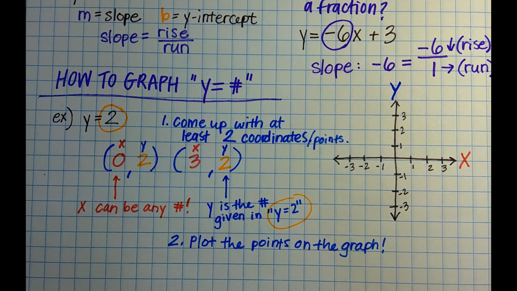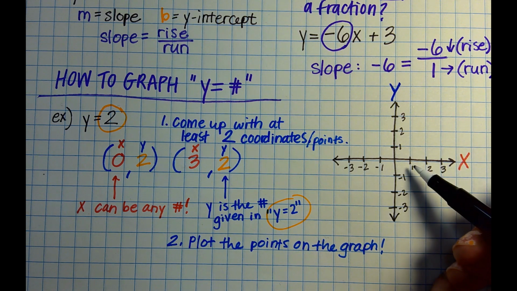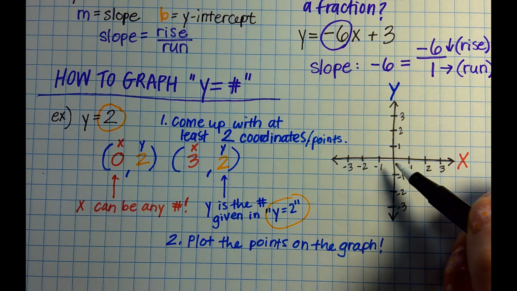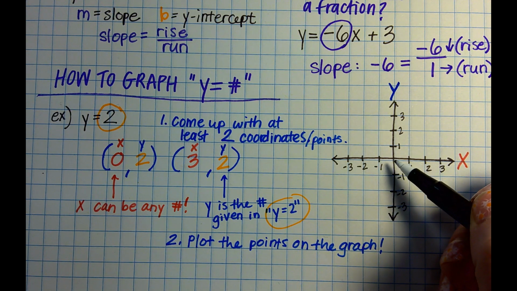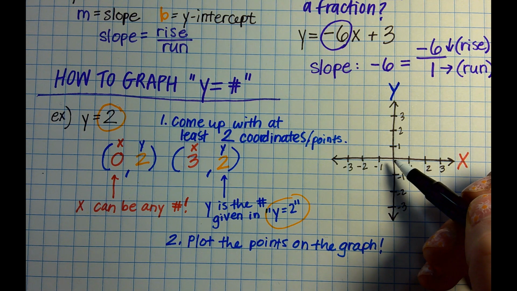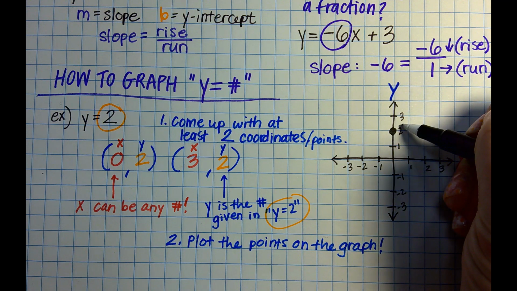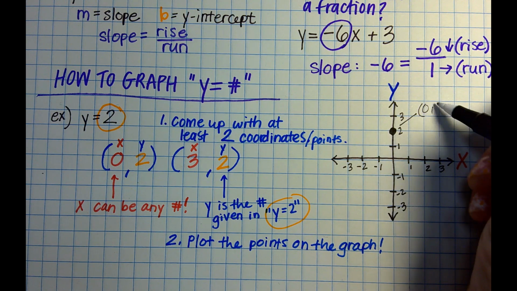Okay, so for my first point, 0, 2, I'm going to go over 0 on the x-axis. I'm not going left or right. My y is 2, so I go up 2. That's my first point. 0, 2.